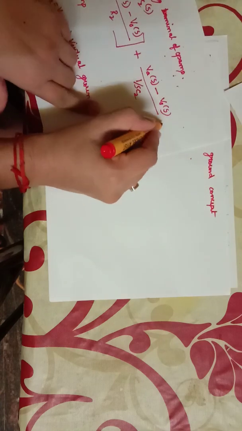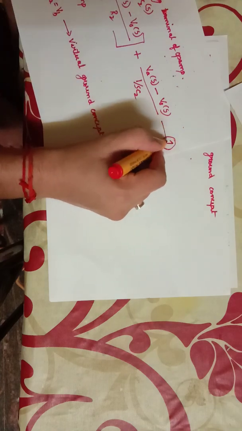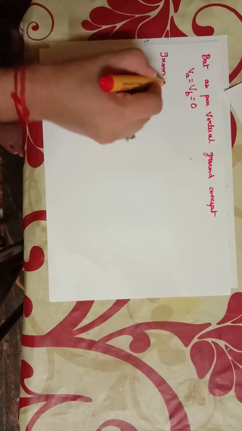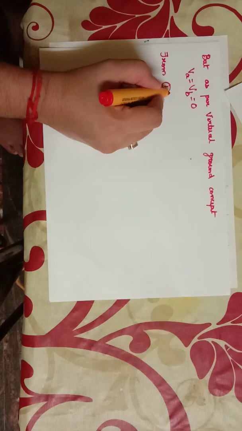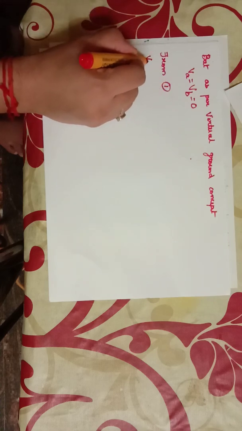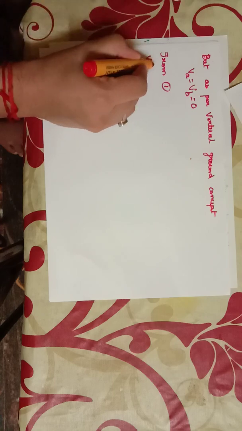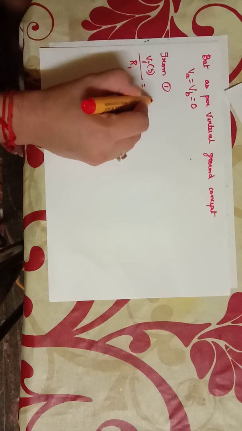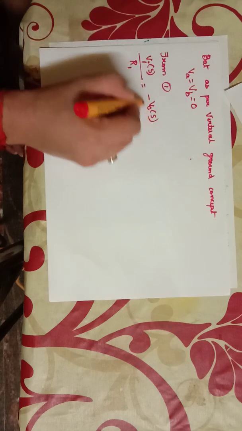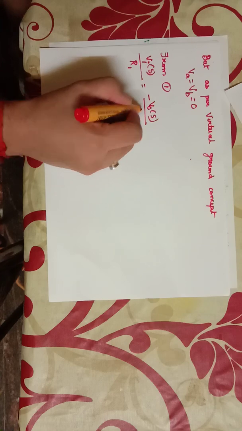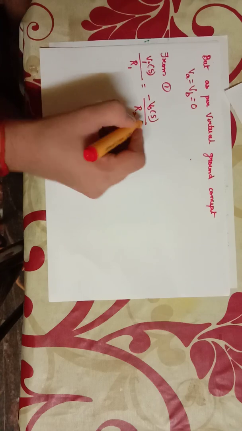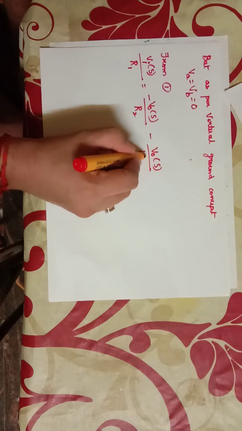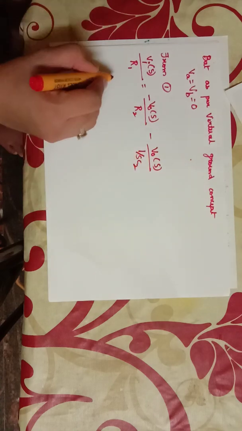Let us take this as 1, and now from 1, Vi(s) divided by R1 is equal to minus V0(s) divided by R2 minus V0(s) divided by 1 by sC2.